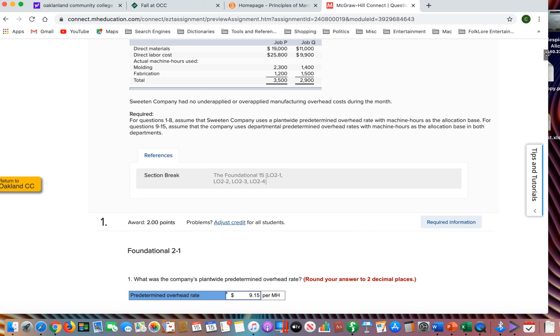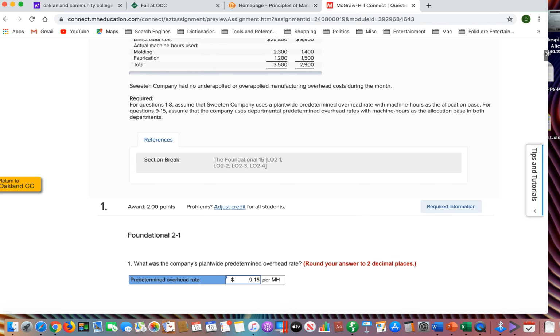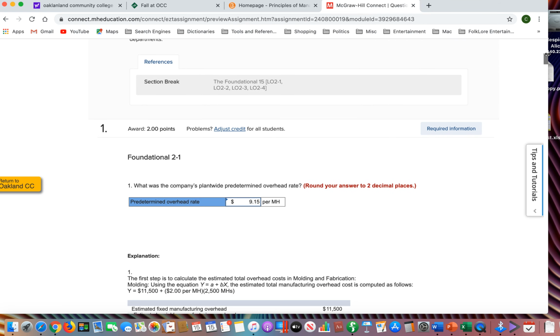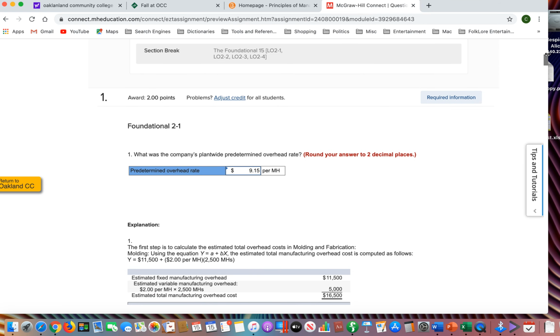Well, you look at the first department, molding, and you get the fixed cost. You have to use the formula y equals a plus bx.